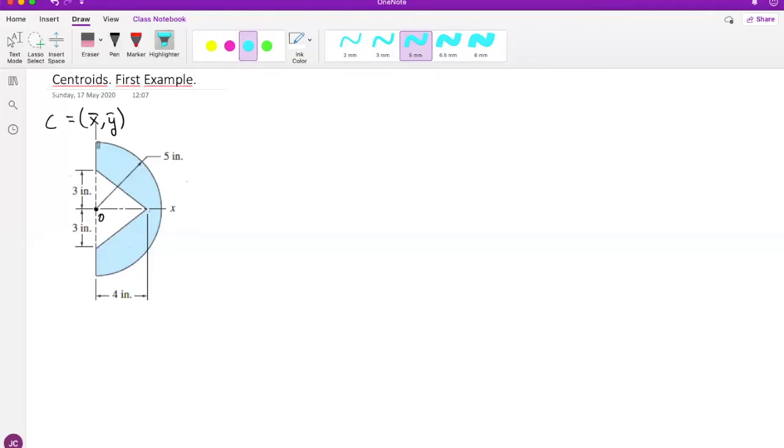This is the blue semicircle. That's my first area, so I'm going to call this area 1. This is area 1 over there.